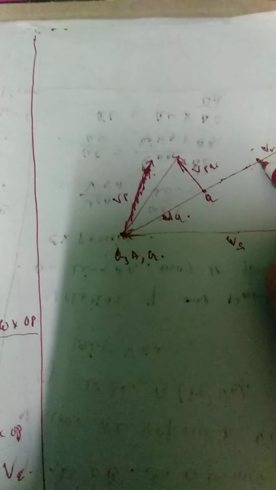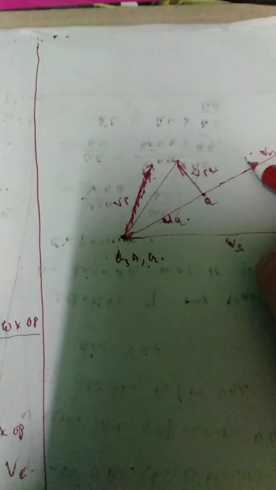Suppose from here is the point R. Now from R we will drop a vector upon this Vs, upon this slider. Now we have to find Vr, the velocity of this point R with respect to this slider, Vrs.